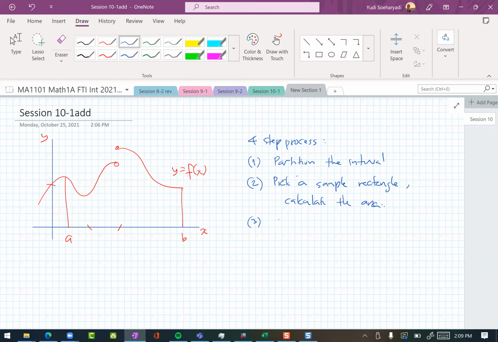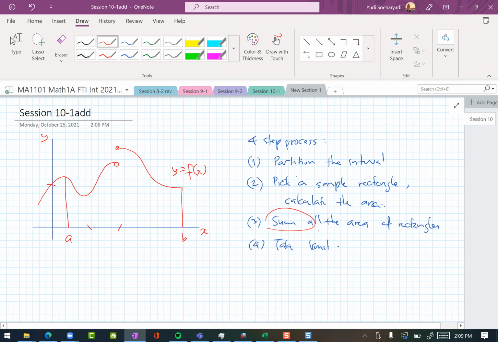Third, sum all the areas of the rectangles. And the last thing is take the limit. The sum that you get from here is called the Riemann sum. Riemann was a Swiss mathematician in the 18th century.